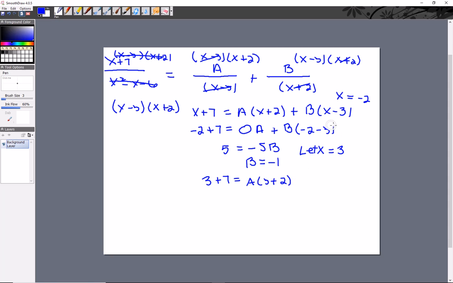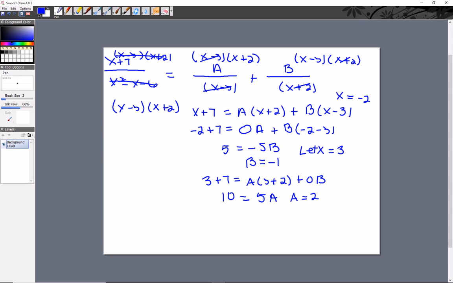And then if we put a 3 in here, that's 3 minus 3, or 0, so that'll be plus 0B. Easy peasy, all right? So we get 10 equals 5A, or we'll just say that A is equal to 2.